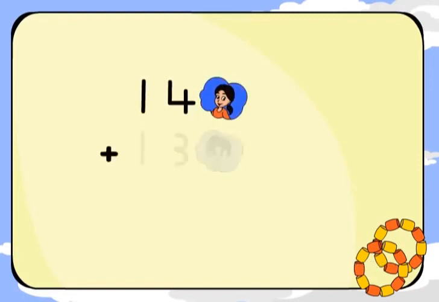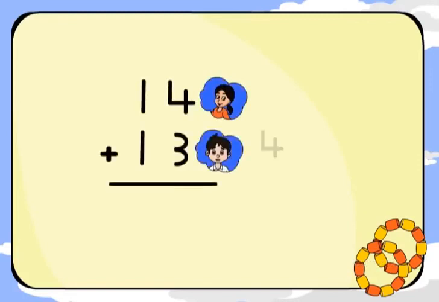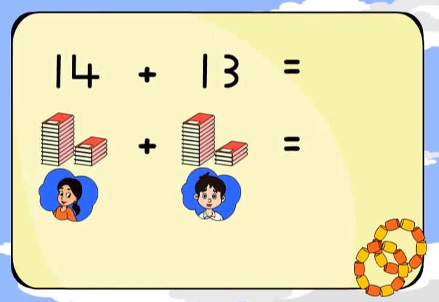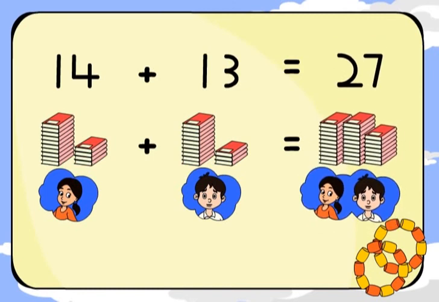Fourteen plus 13 is equal to 27. There are 27 books.